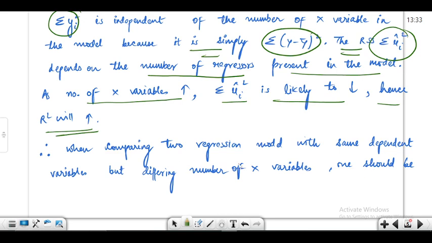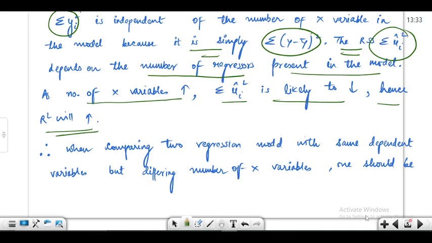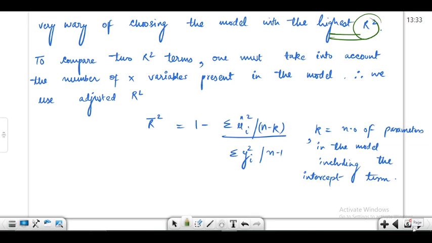Therefore, when comparing two regression models with the same dependent variable but differing number of x variables, one should be wary of choosing the model with the highest R square, because a higher R square means more of the y variable is being explained, right?